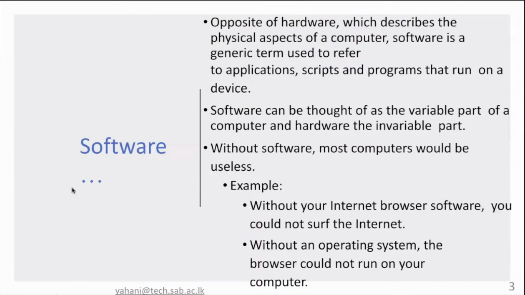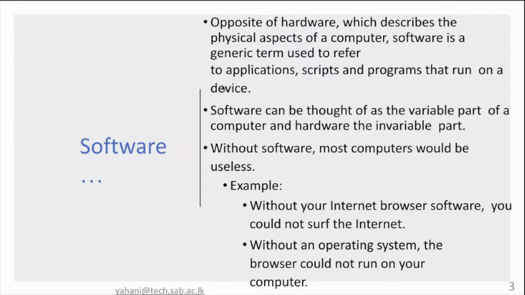Okay. Then, software is the opposite of hardware, which describes the physical aspect of a computer. Software is a generic term used to refer to applications, scripts, and programs that run on a device. So we need the software to control the hardware components.